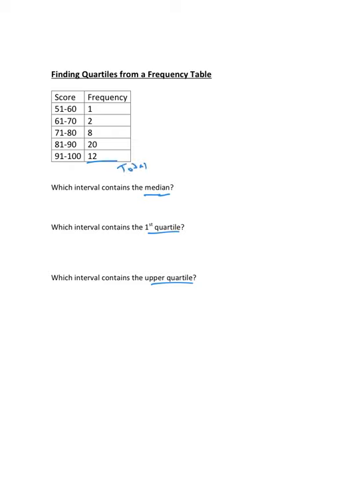In this case, we have 20 plus 12 is 32, plus 8 is 40, plus 3 more. We have 43 people who took this exam. So you have to imagine 43 people lined up in a row and say to yourself, okay, if I had to split them in half, how many people would be on each side?